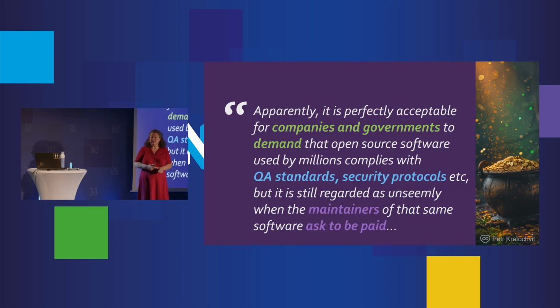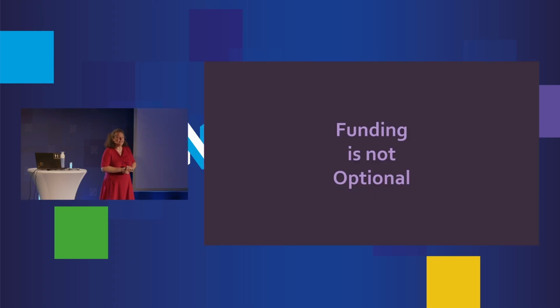And they are paying for it with money for domains, for extra services, with time, and quite often with their mental health. There is a name for this. And remember this name: exploitative capitalism. Do not be that company. So, funding is not optional.